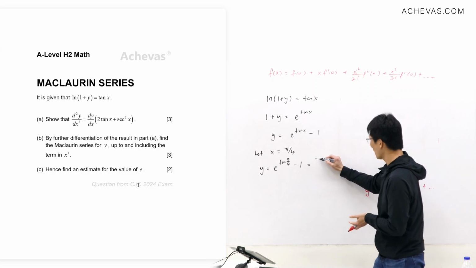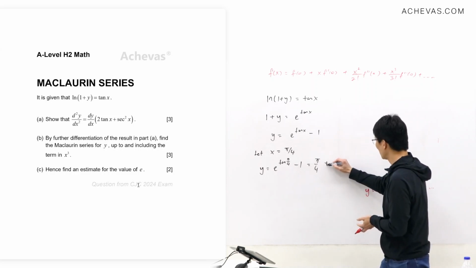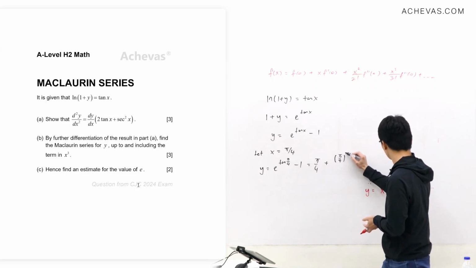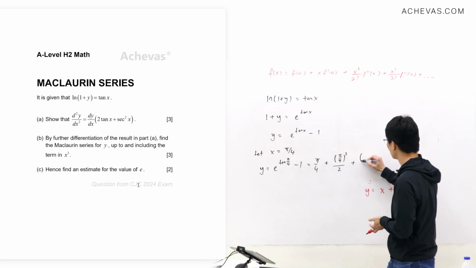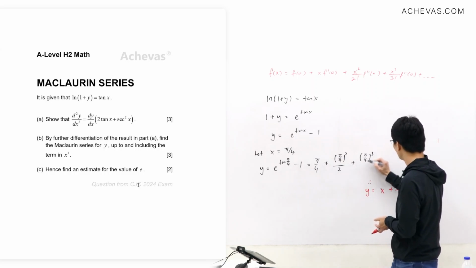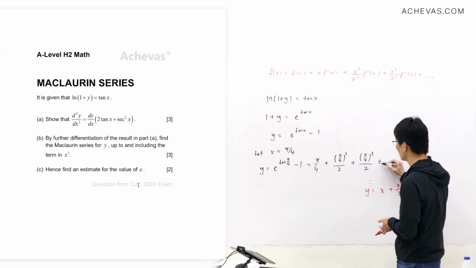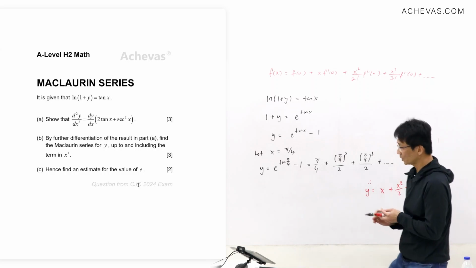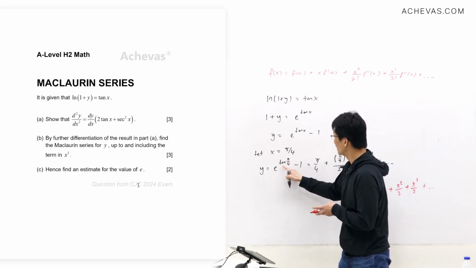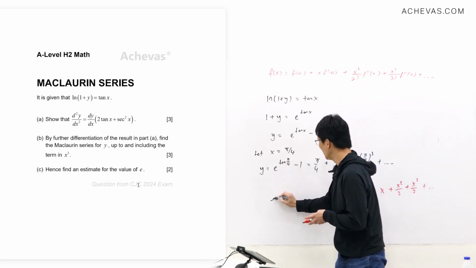So maybe I can just write pi over 4 plus pi over 4 squared over 2 plus pi over 4 cubed over 2 plus dot dot dot. Okay, and this is equal to e minus 1, so I will get e.